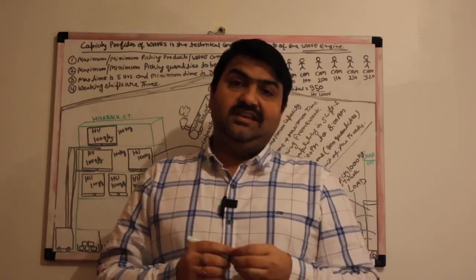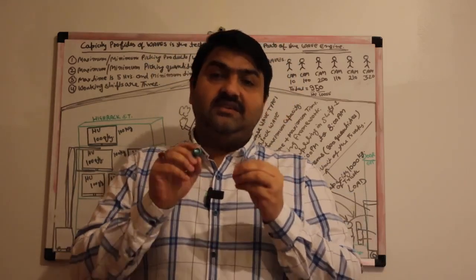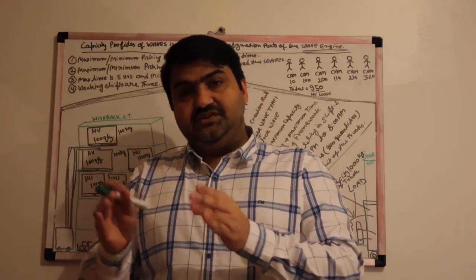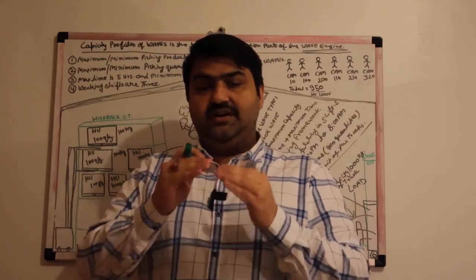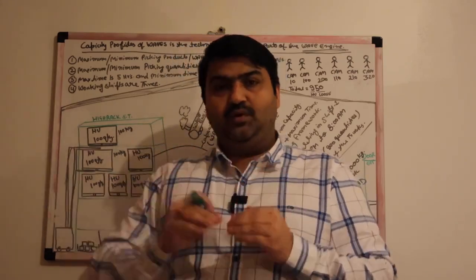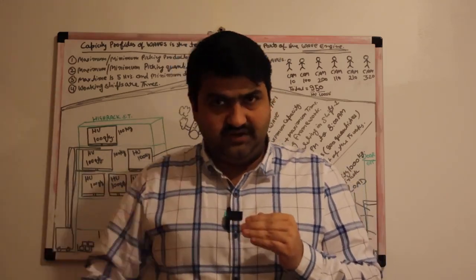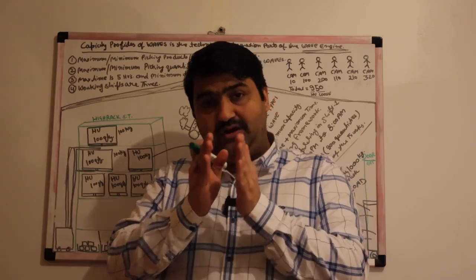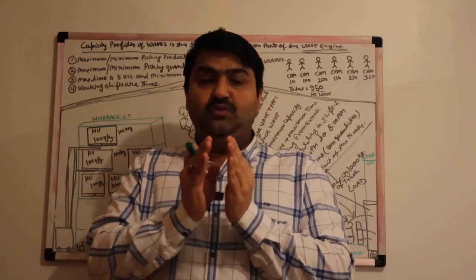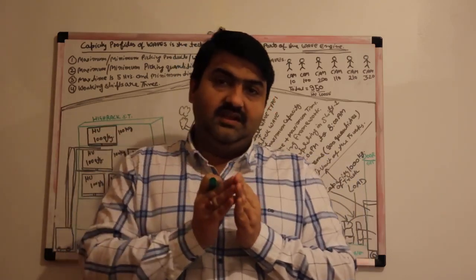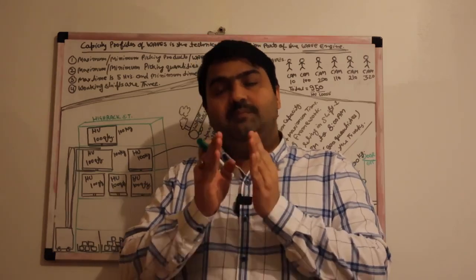That's why the capacity profile check or wave engine is actually very important to trigger the entire wave process. Then the template can trigger the post processing framework, but this is the central point to trigger the wave process in extended warehouse management.